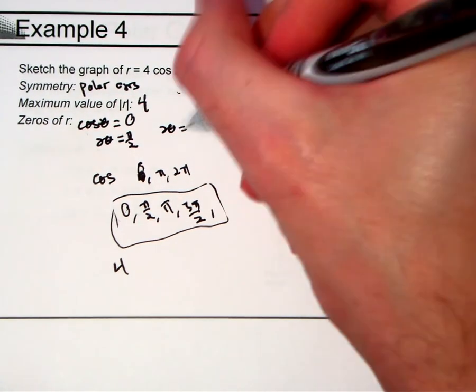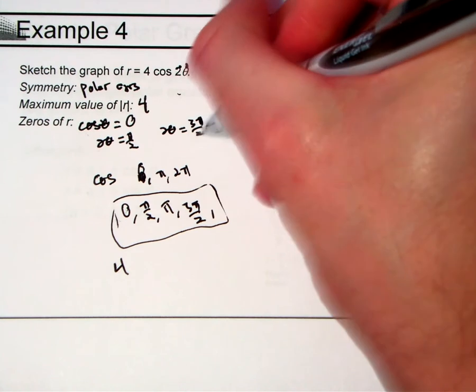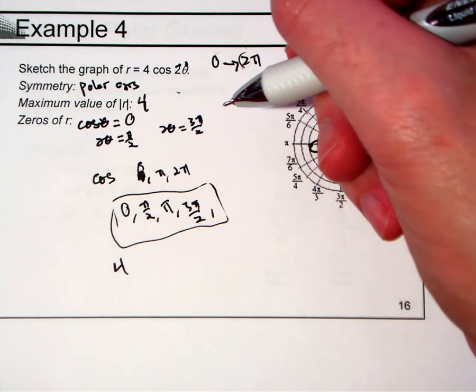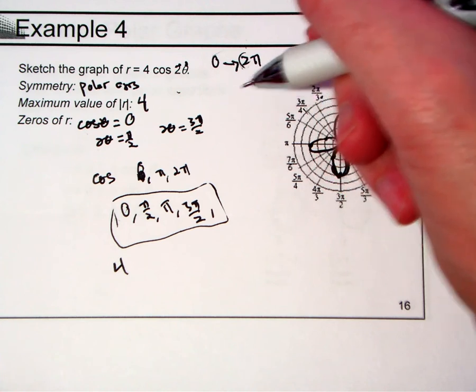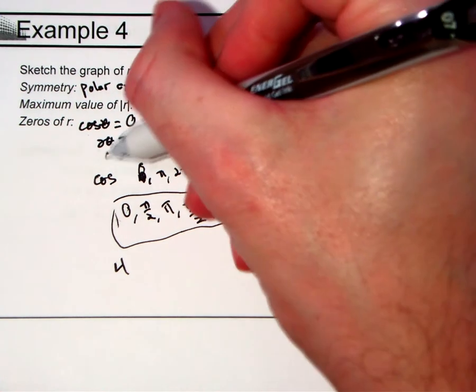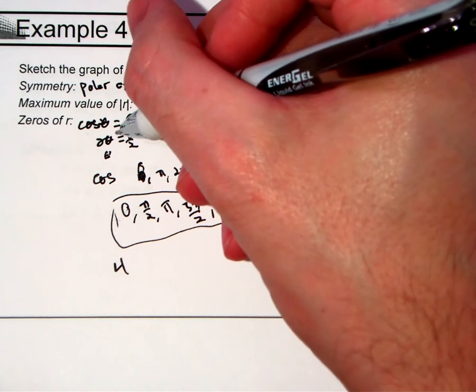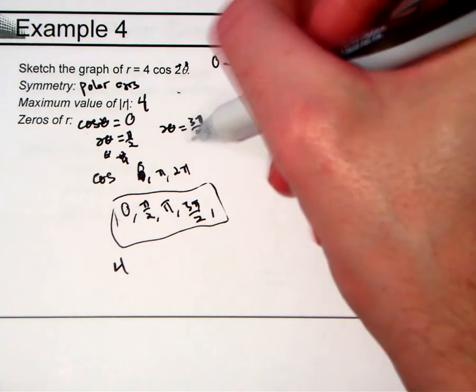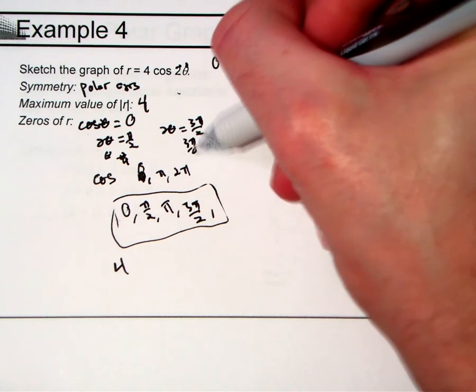Or if 2 theta equaled 3 pi over 2, that's where cosine is also 0. And we would have got pi over 4s. So we're going to be pretty much counting by pi over 4s.